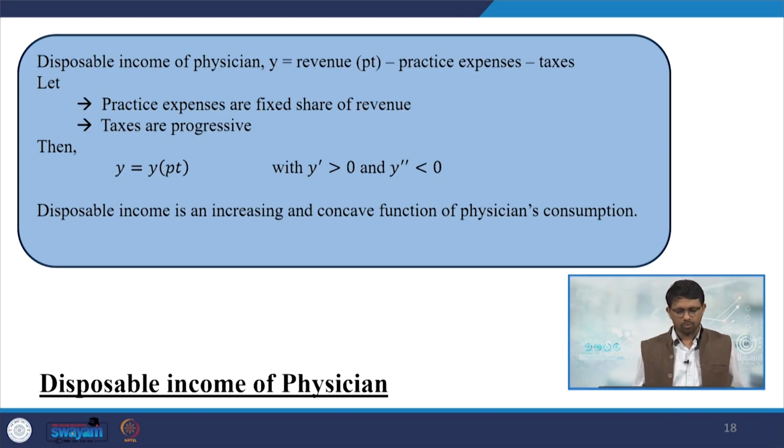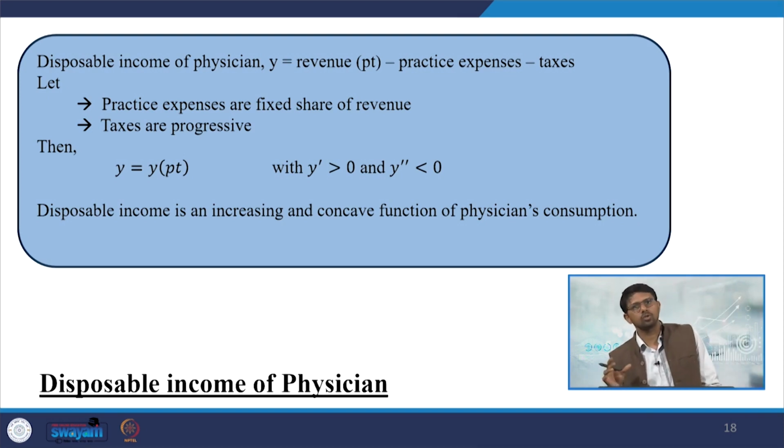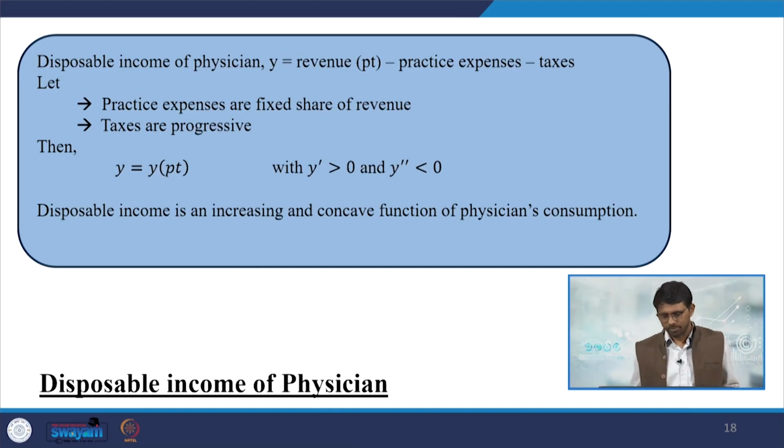Okay. So, practice expenses are actually a fixed share of their revenue. Again, this is part of the revenue, and even taxes, if progressive, are also part of revenue, hence mostly it is presented as the PT, because the two are actually inclusive.